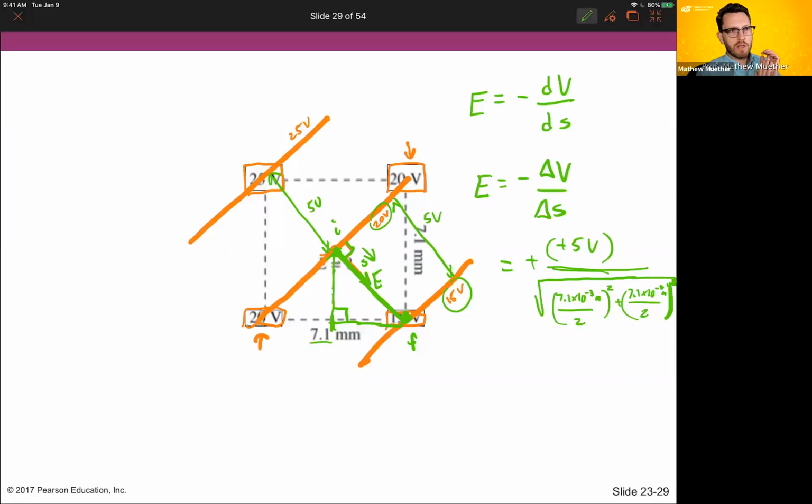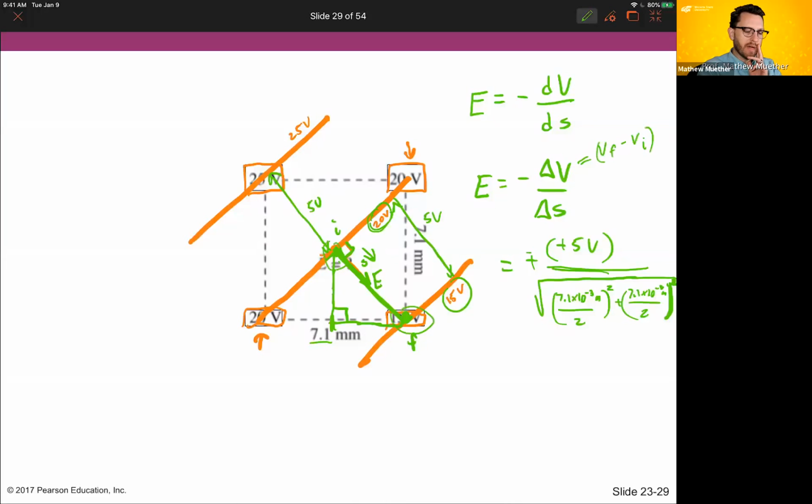Okay, that's all the material I had. Why did the minus signs cancel out? Because as I went from here, this delta V is V final minus V initial. My final voltage was smaller than my initial voltage in this setup.